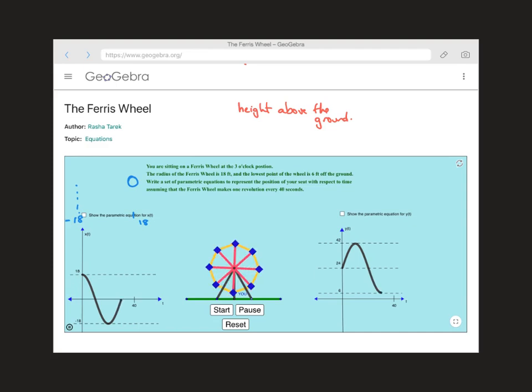You can, in fact, measure its distance to the left or to the right of the center point of the Ferris wheel. And its equation for x is also a sinusoidal curve, and that is it right here.